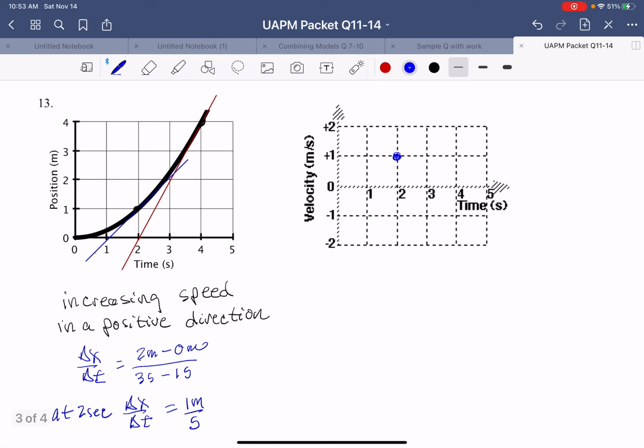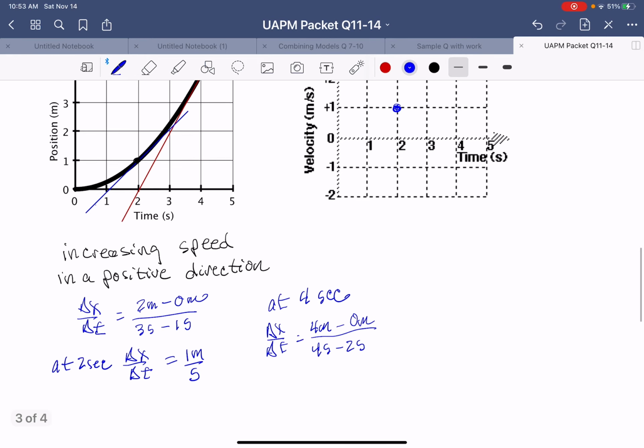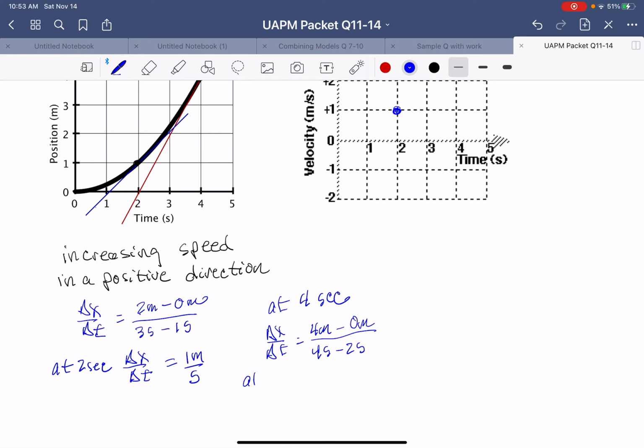Okay, so now let's look at the slope at 4 seconds. I'm going to draw it over here. At 4 seconds, the slope of my line is 4 meters minus 0 meters over 4 seconds minus 2 seconds. So my slope of the line at 4 seconds is 2 meters per second.